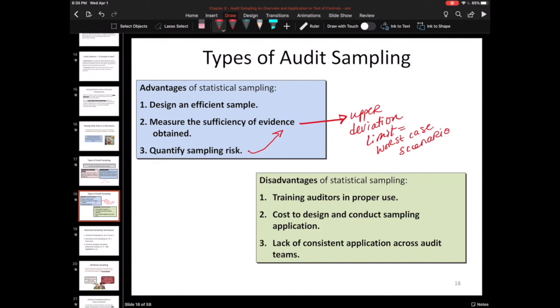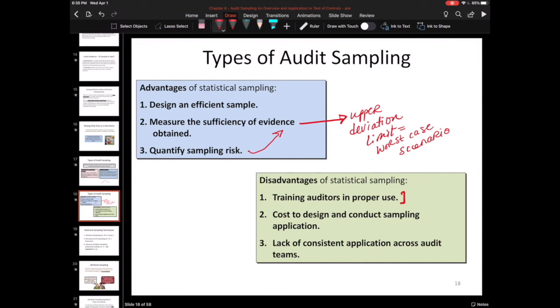Disadvantages of statistical sampling. One, I have to train auditors in proper use. And okay, we go over a couple of sampling chapters in audit class, but most of the time, the auditors have forgotten them by the time they get into work, and the firms have to retrain.